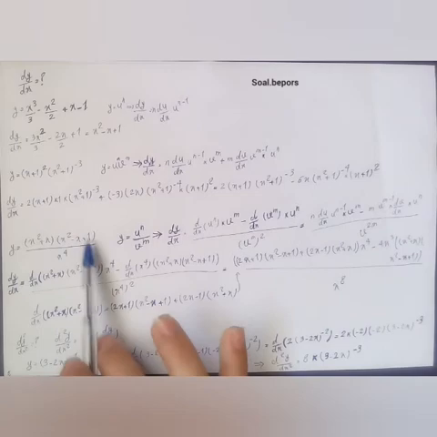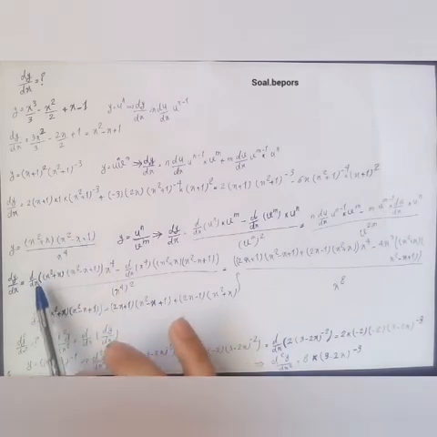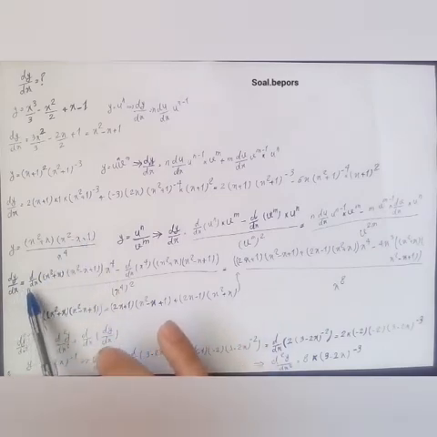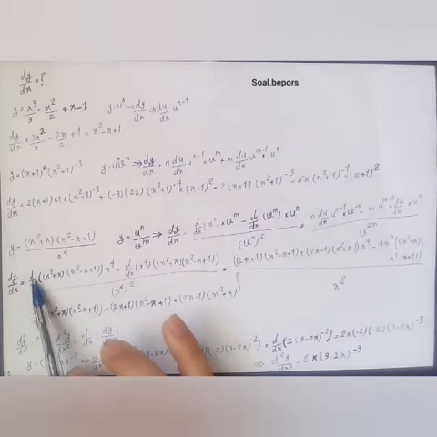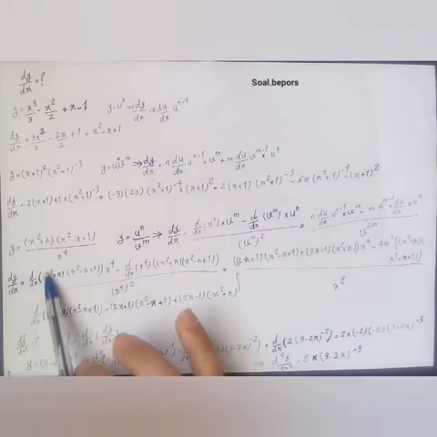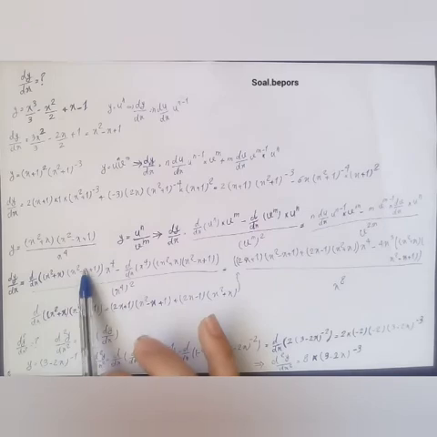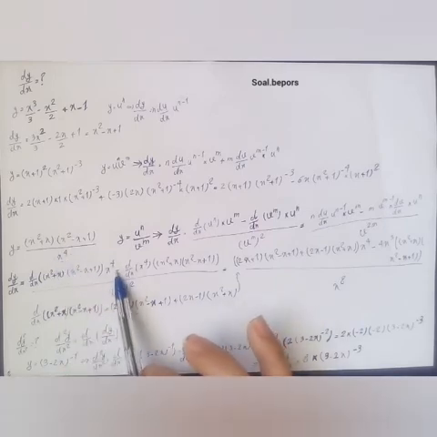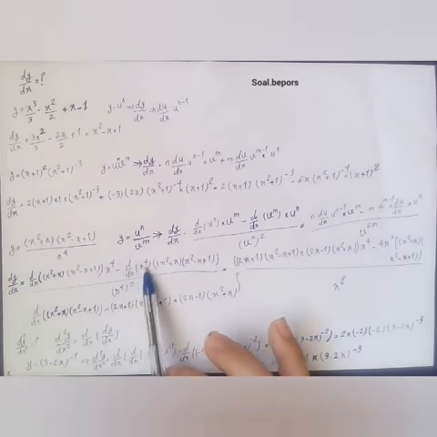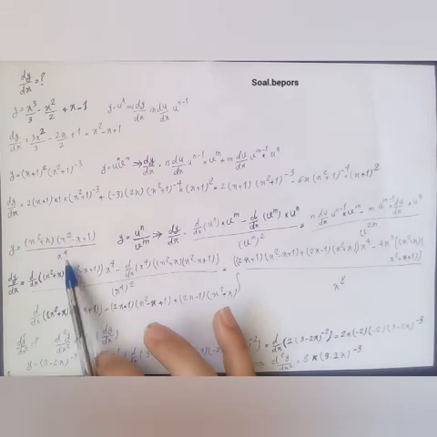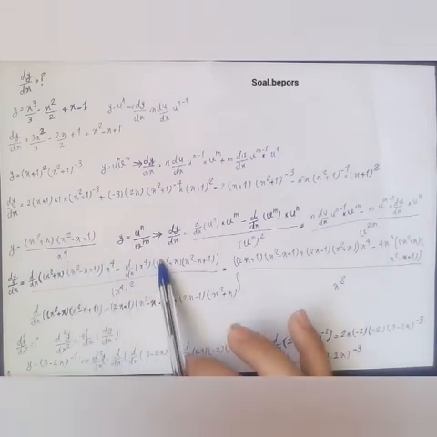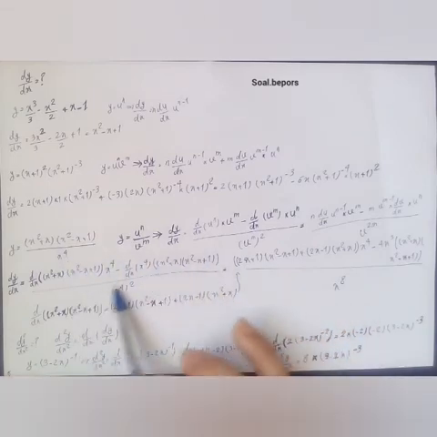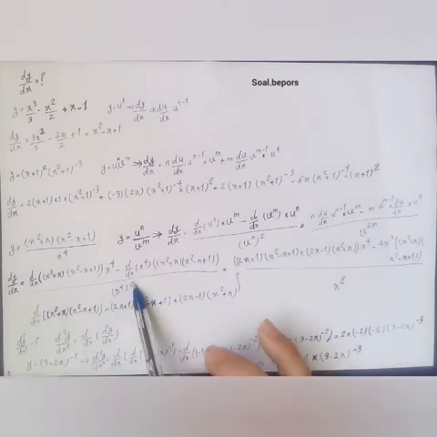So for this function, dy/dx is dy/dx of the numerator multiplied by the denominator, minus dy/dx of the denominator multiplied by the numerator, divided by the denominator power 2.